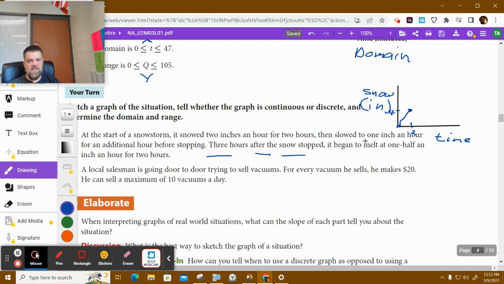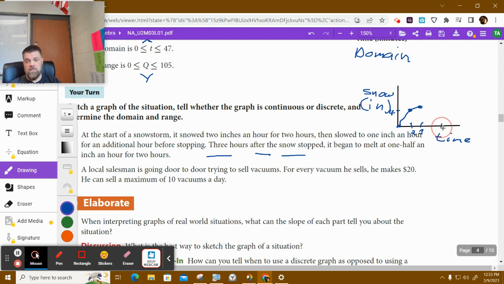Then it says that it slowed to 1 inch an hour for an additional hour. So at 3 hours, it only went about half as much. And then after 3 hours, the snow had stopped, and it began to melt a half inch an hour for 2 hours.